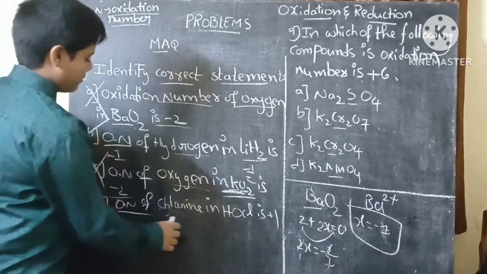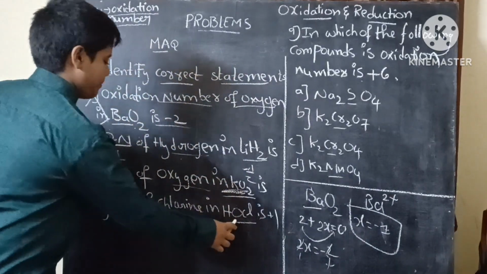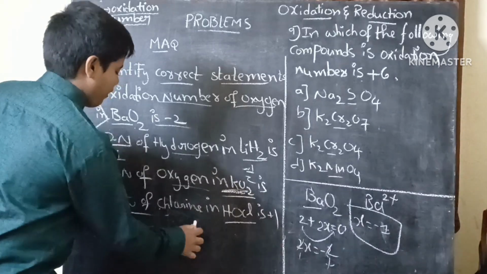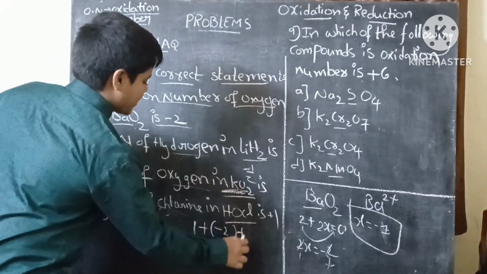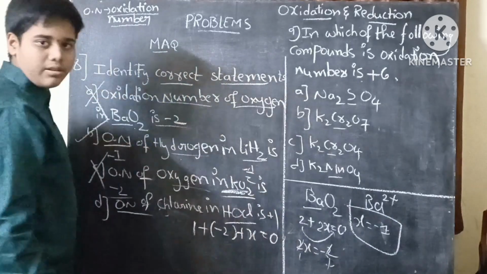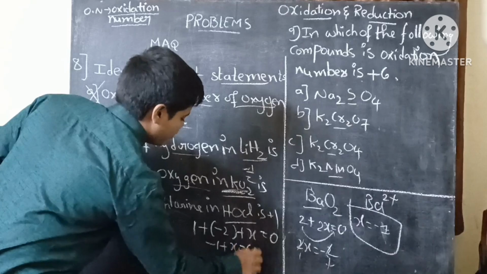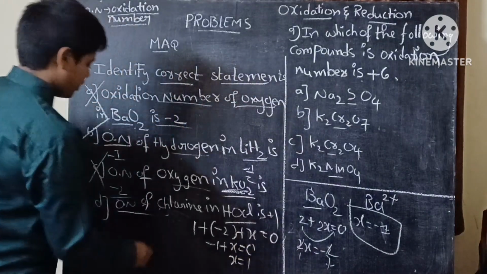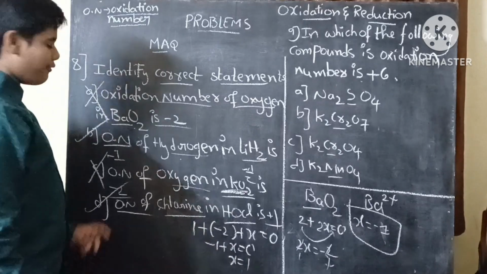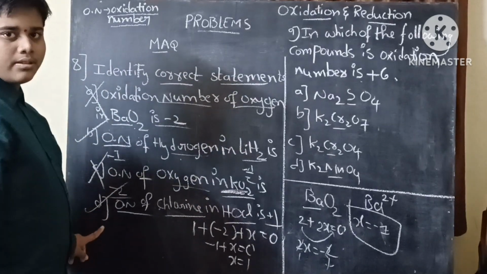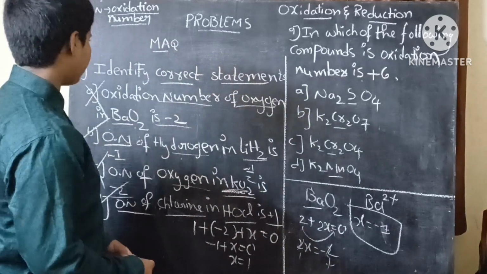The oxidation number of chlorine in HOCl: hydrogen plus 1, plus oxygen minus 2, plus x equals 0. So 1 minus 2 is minus 1, minus 1 plus x equals 0. So x equals 1. So the chlorine is plus 1. So option D is correct. Why do we get two correct statements? Because this is a multi-answer type question. So this is the 8th question.